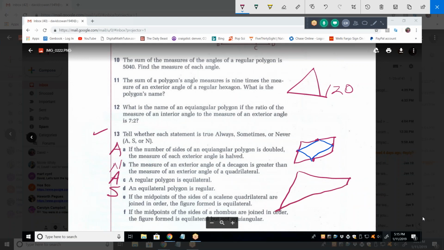There's a scalene quadrilateral. Dang it, that thing looks equilateral also. So I suspect the answer is true. Question is why?